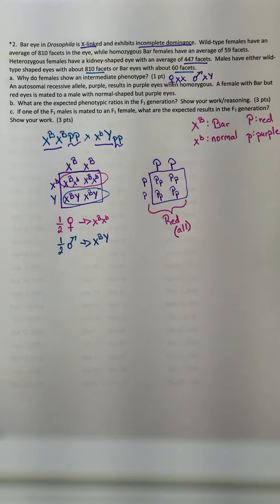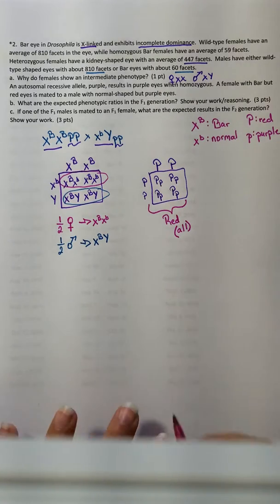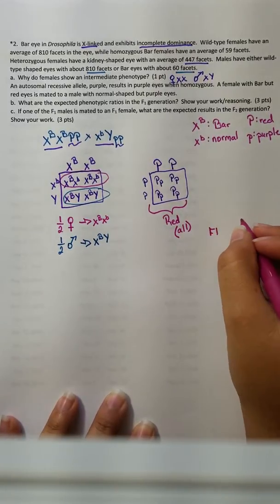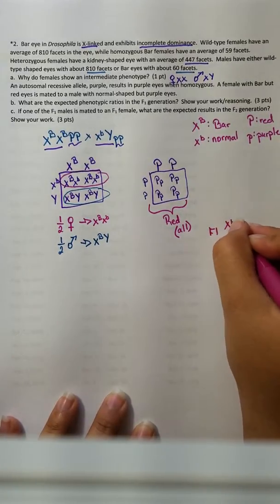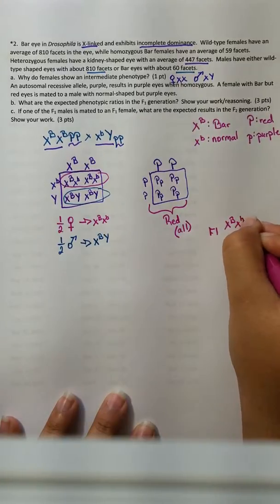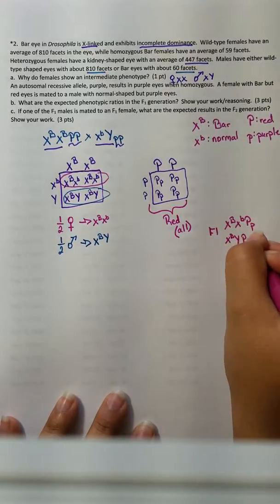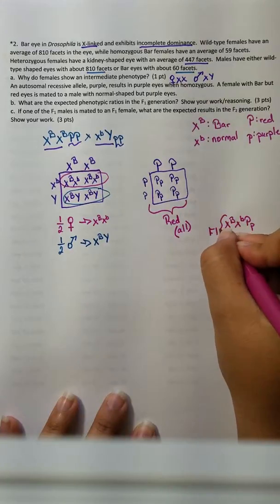So our F1 phenotypic ratios here: F1 is going to be your females who are heterozygous with red eyes, and you're going to have males who have bar-shaped eyes who have red eyes as well.